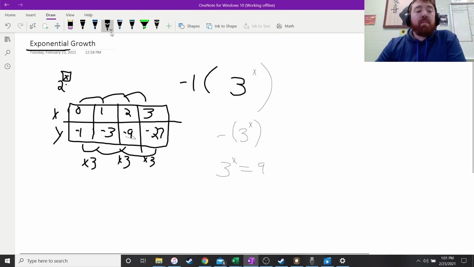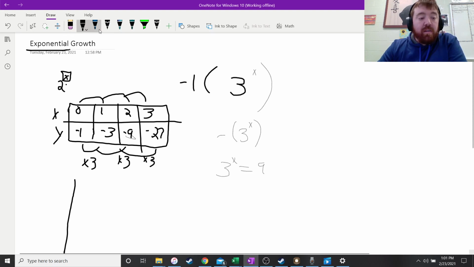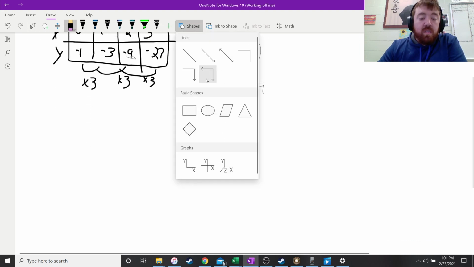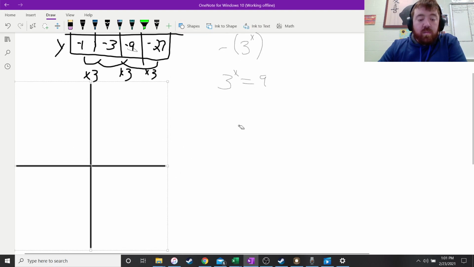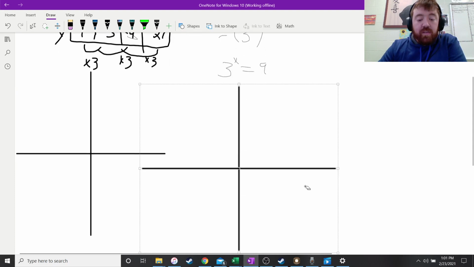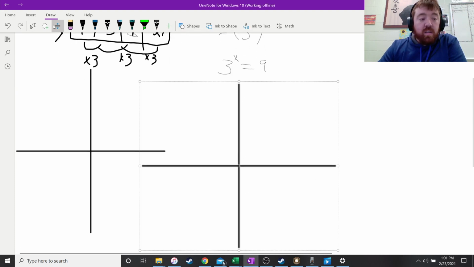Now, exponential growths and exponential decays, when we graph them, are going to basically have two different shapes. So we are going to have two different graphs here. I'm just going to show you very quickly what they'll look like.